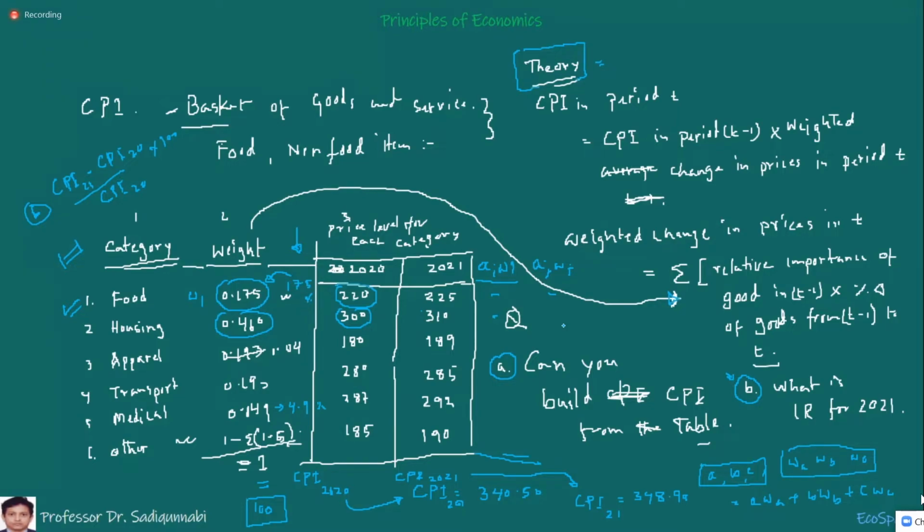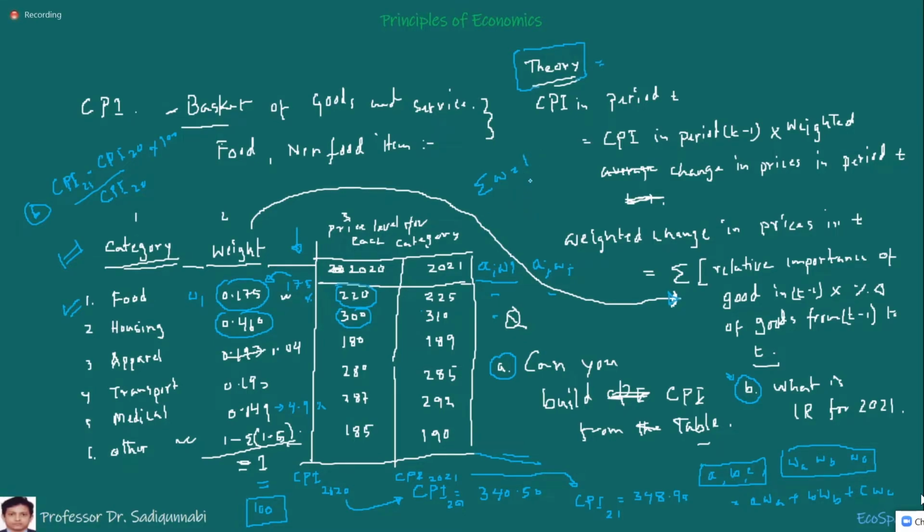The answer is because we know that in weighted average, the sum of weights is equal to 1, not 100.